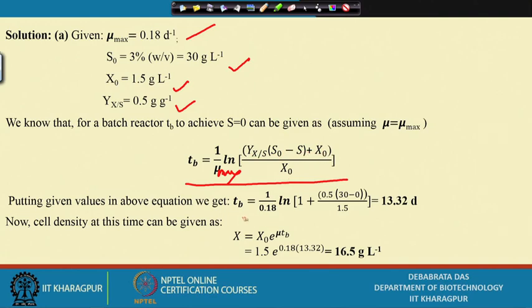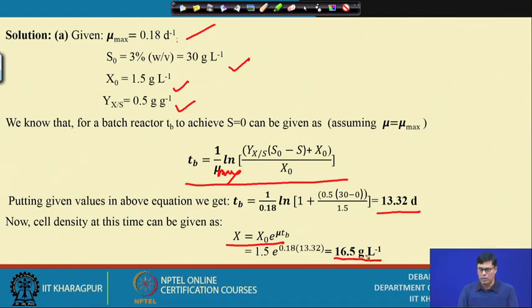You can put these values here, and we consider all substrate is exhausted, so S we can consider as 0. Then we find out how much time is required for this batch process. It will come to around 13.32 days. Now the question is, what is the final cell concentration? We have already derived this equation in the previous problem, and we find that 16.5 grams per liter is the final cell mass concentration.